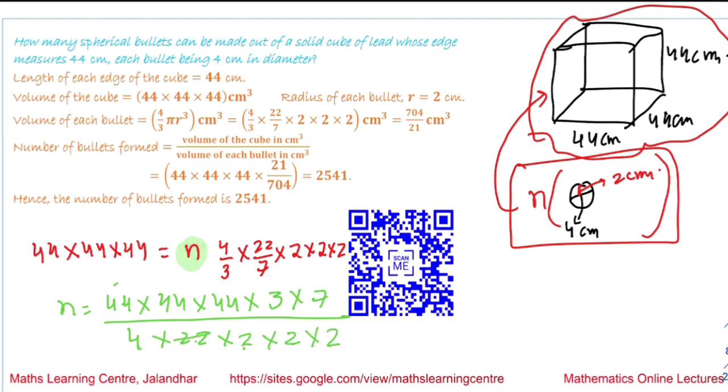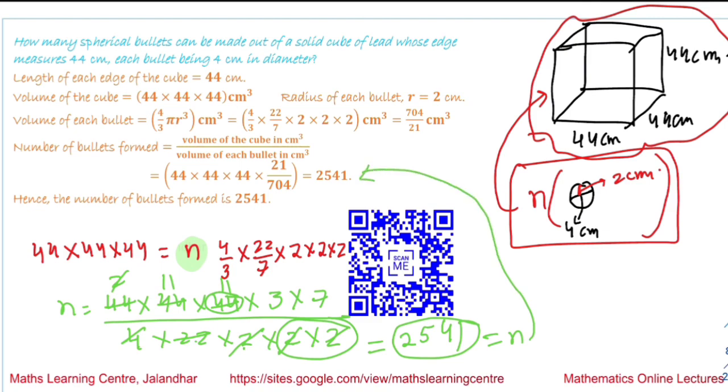This 22 and 44 get cancelled, then 4 and 44 get cancelled, then 4 and 44 get cancelled. The 2 and 2 become 4, and when these cancel we are left with 11. When we multiply these terms we get 2541, and this is the value of n, the number of bullets that will be formed.